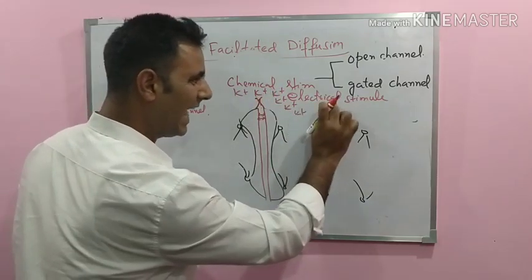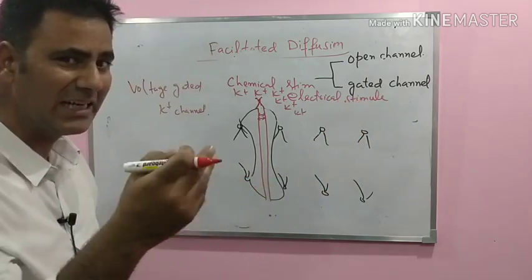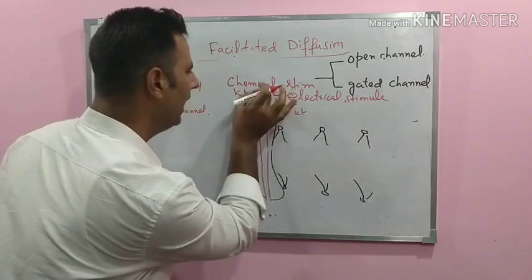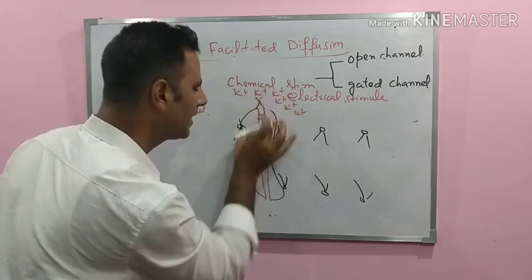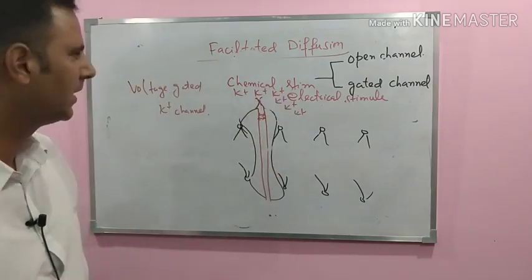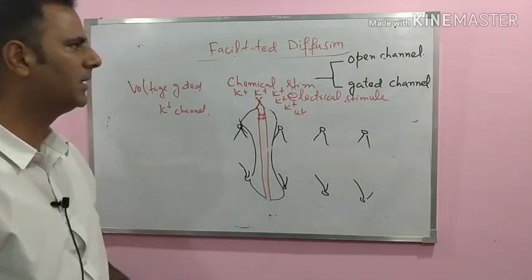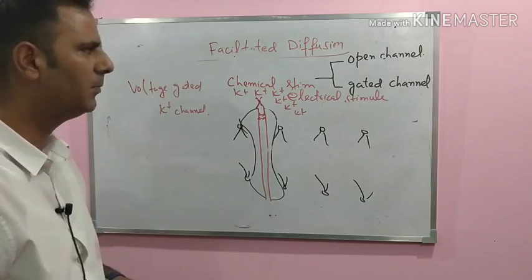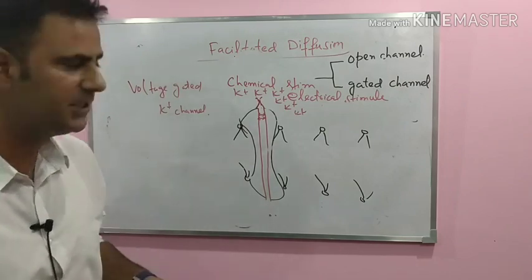So there is an electrical stimulus. This electrical stimulus will open up the gate and potassium ions will diffuse from one side of the membrane to the another side. This way we can explain the transport of potassium ions with the help of gated channels.